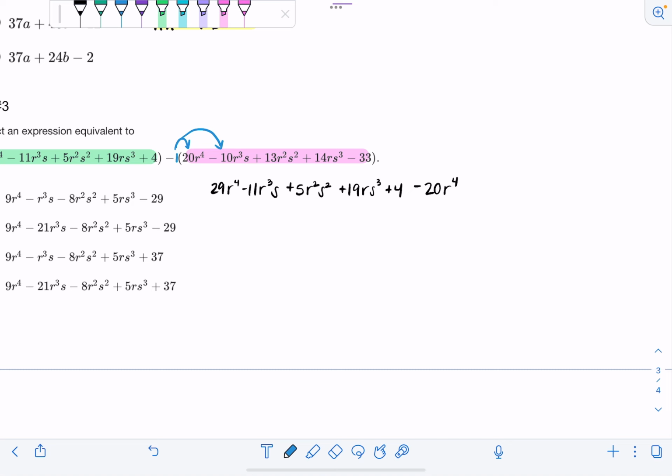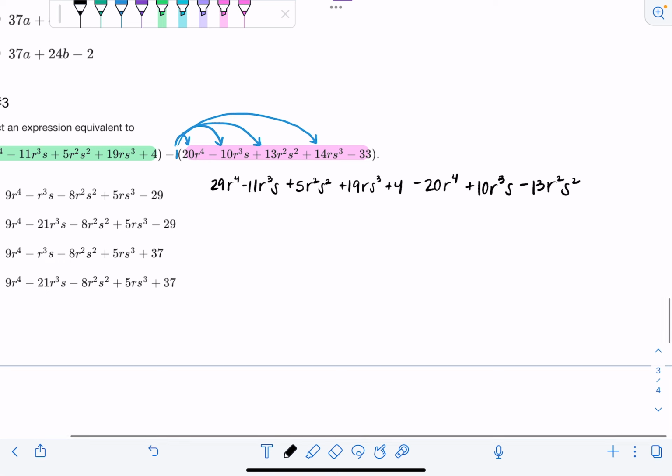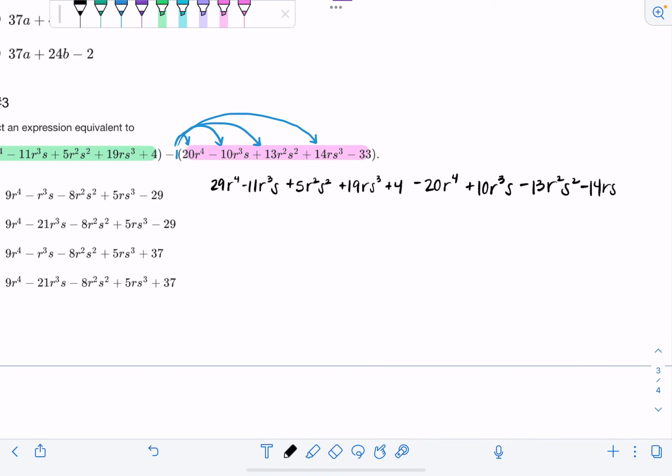Negative 1 times negative 10r cubed s would turn into a positive 10r cubed s, and then negative 1 times 13r squared s squared would turn into a negative 13r squared s squared, and then negative 1 times 14r s cubed turns into a minus 14r s cubed, and then negative 1 times negative 33 turns into a positive 33.